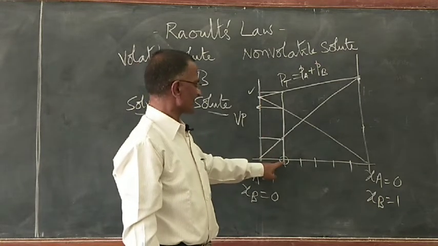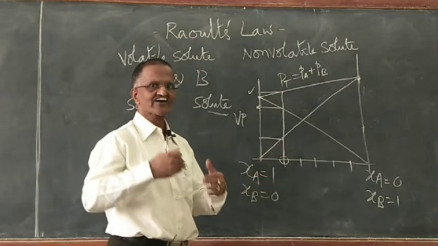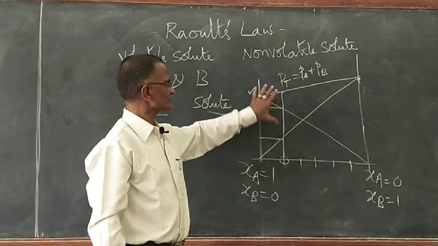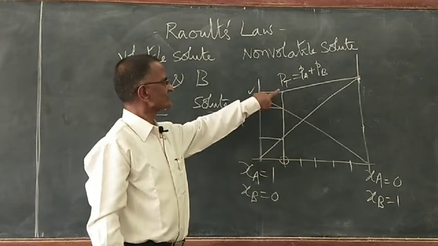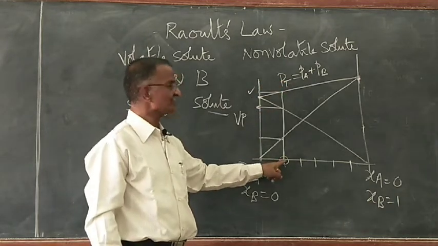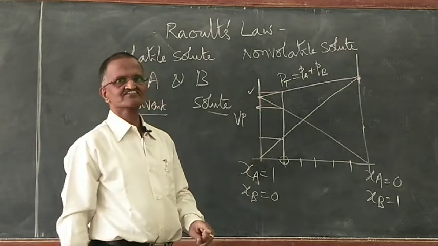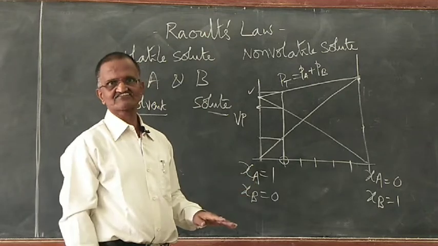Now, when I expect that value, when I have a mixture, that should be the contribution of B, that should be the contribution of A. Now, if I have a mixture with that composition of A and B, and if I find out the total pressure, and it matches that value, that means what I have is an ideal solution.